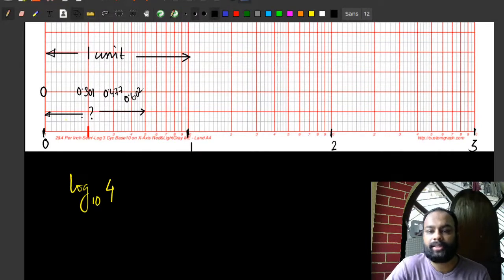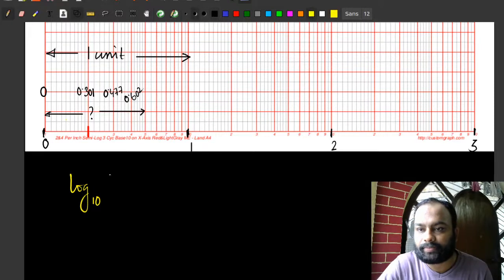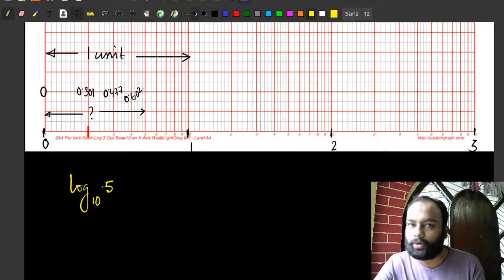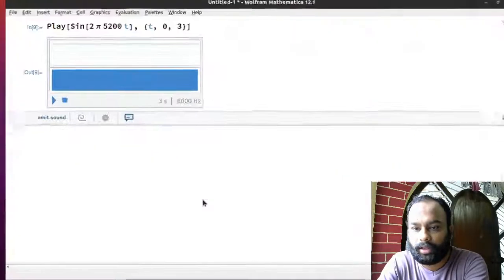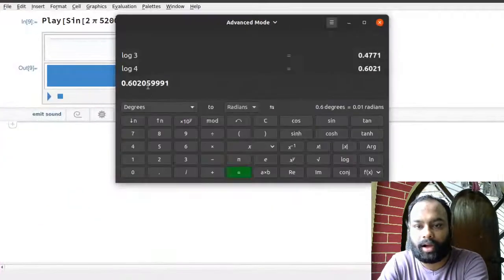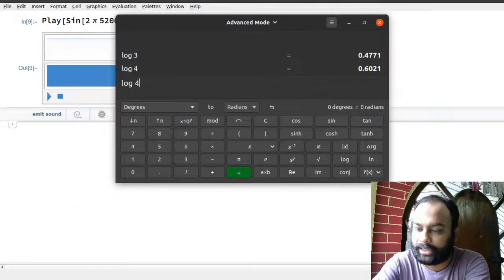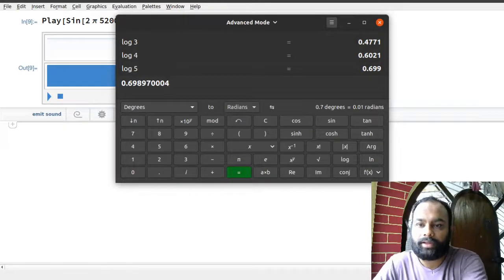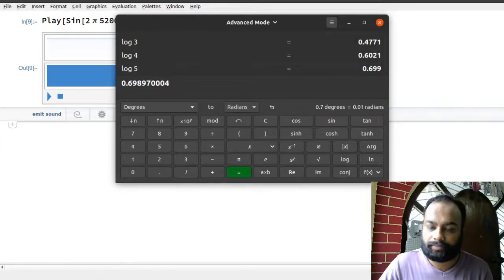As it would turn out, this is equal to log 5. Log 5, right? So take this, log 5. That would be around 0.7.